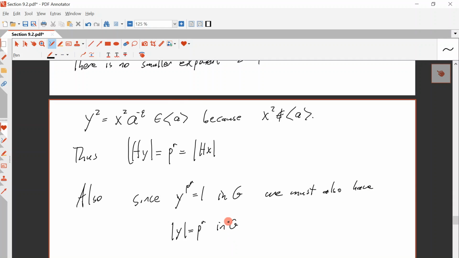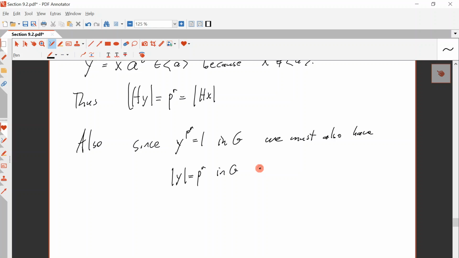The order of y is p to the r in G as well, right? So the cyclic subgroup generates. So the order of hy is equal to p to the r.